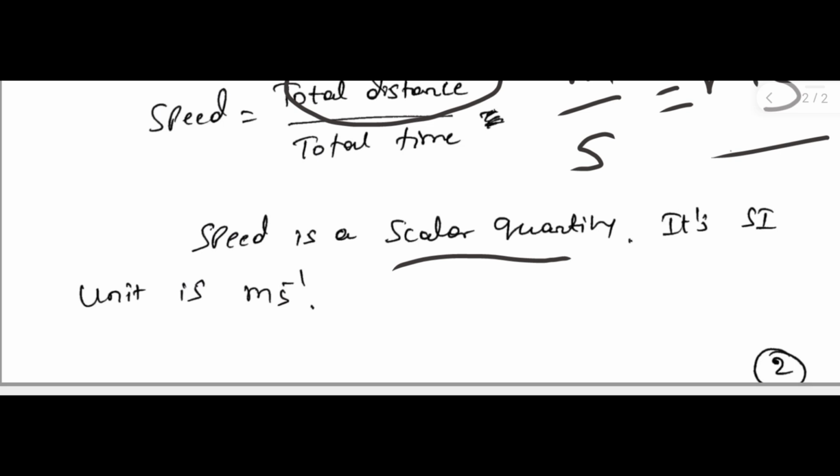For example, for the first 2 seconds the body may have 60 km per hour speed, and for another 2 seconds it may have 40 meter per second. In such a way we have different magnitudes of speeds. We take the average. That average magnitude is known as the average speed of a bus or vehicle.